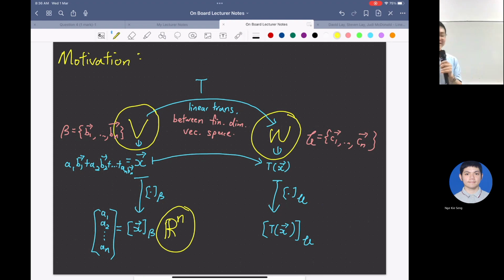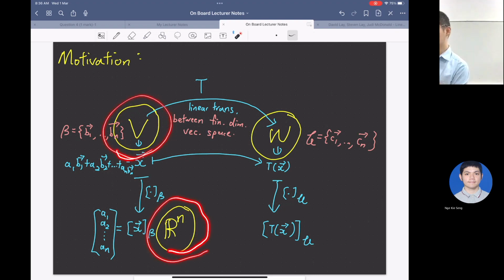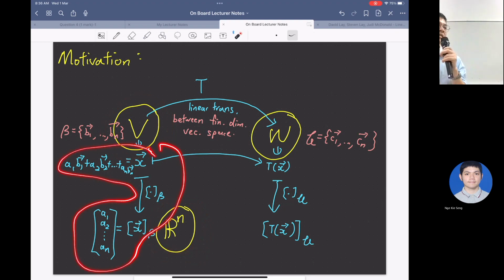Okay, so you see, just now I used so many words to describe one process. The process is called finite dimensional vector space is isomorphic to Rn. So when I say a finite dimensional vector space is isomorphic to Rn, it includes so many processes here.